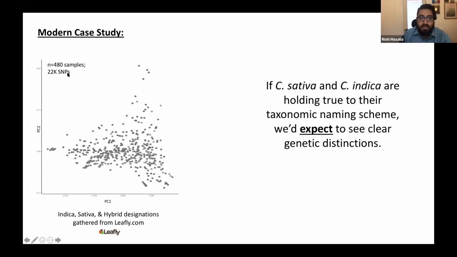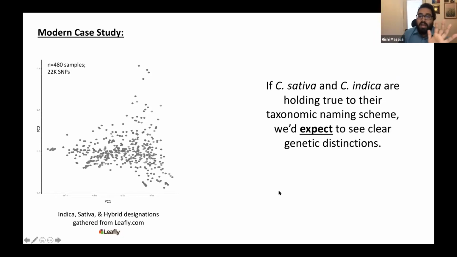So across 22,000 genetic markers, we designated all of these as either indica, sativa, or hybrid based on leafly.com. If you don't know what leafly.com is, it's essentially like a Wikipedia for cannabis.